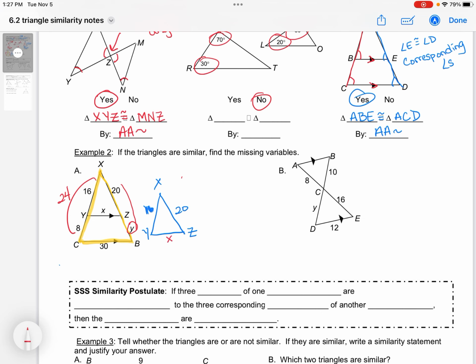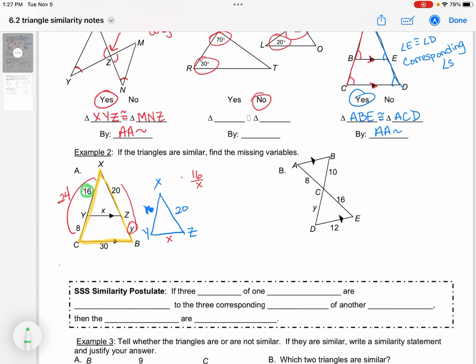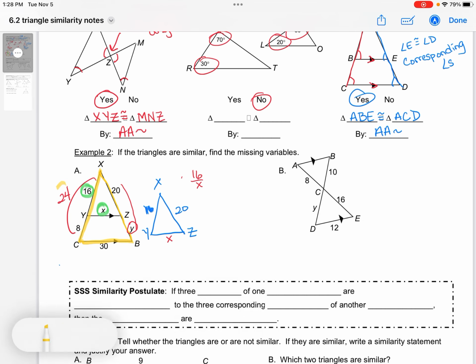So there's a bunch of different proportions we could write, but I'm going to do 16 over X. That's one fraction. And then my other fraction is going to be 24 over 30.